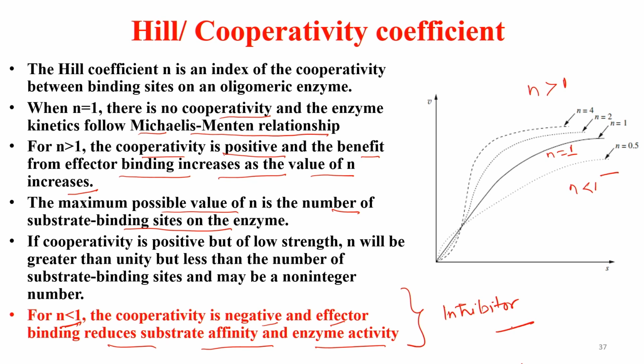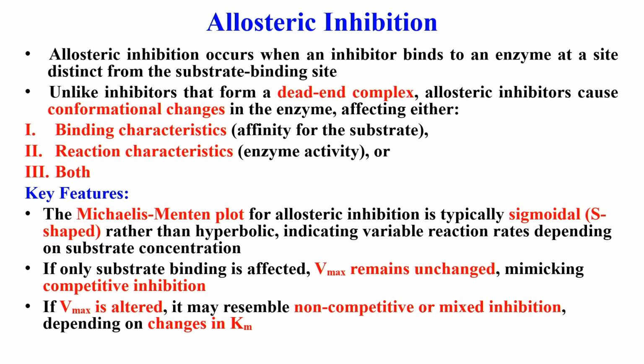So, depending on the value of n, we can say whether there is cooperativity: n greater than 1 is positive cooperativity, less than 1 is negative cooperativity. Now, we can understand allosteric inhibition. Allosteric inhibition occurs when an inhibitor binds to an enzyme at a site which is distinct from the active site.